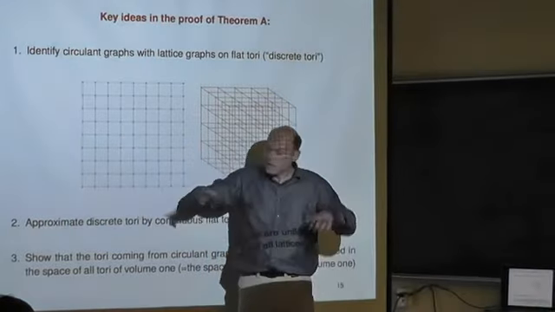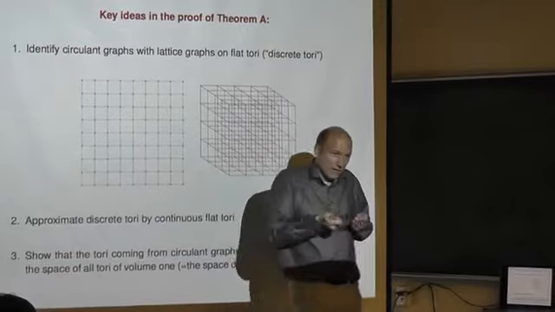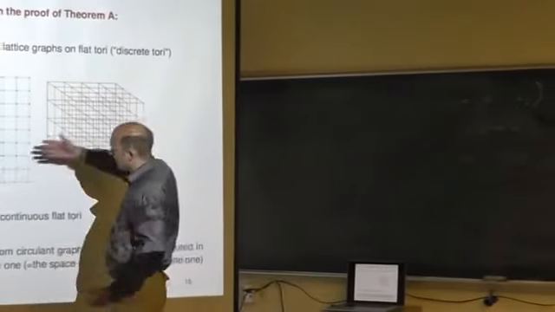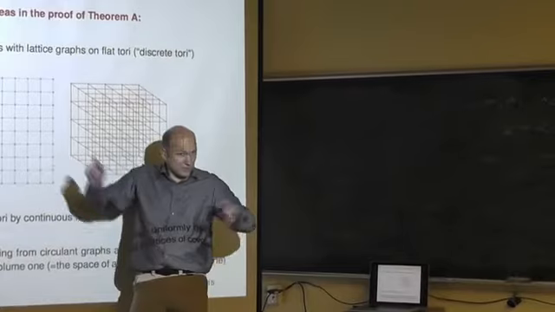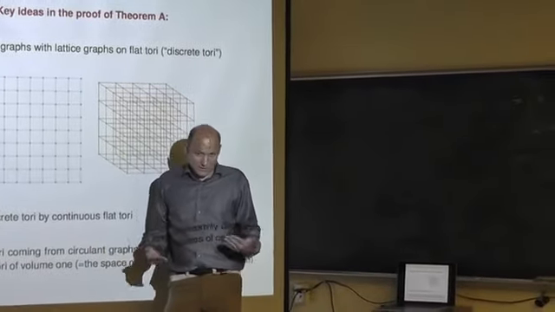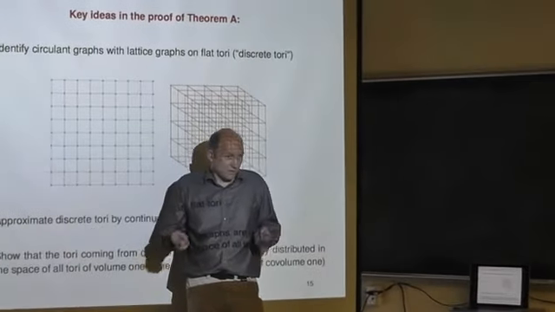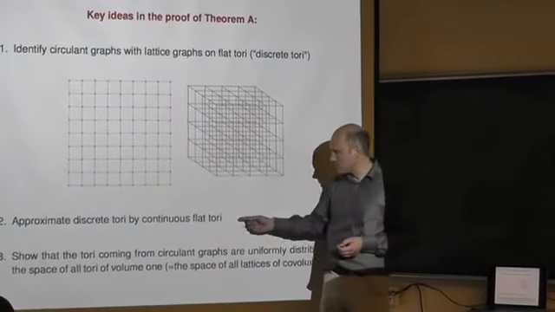You make it a graph by saying nearest neighbors are connected. So that's now an infinite graph. And then you take a discrete subgroup of Zk to start identifying points. So that's like a discrete torus. Now, circular graphs are special discrete tori with certain extra conditions. And I'm going to show you a little more about this.